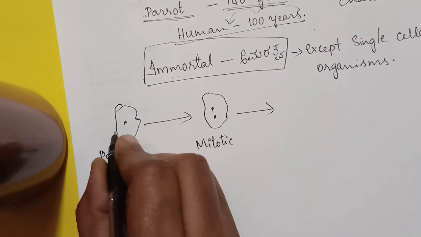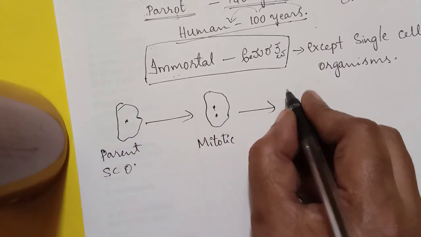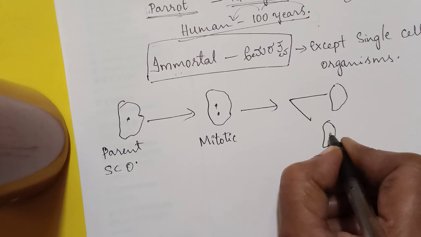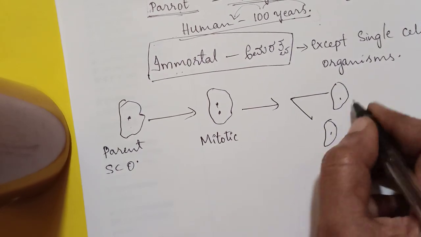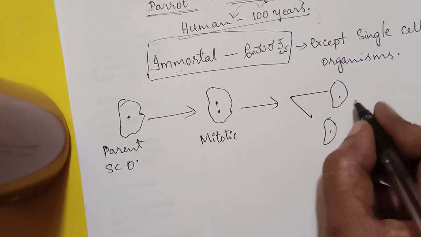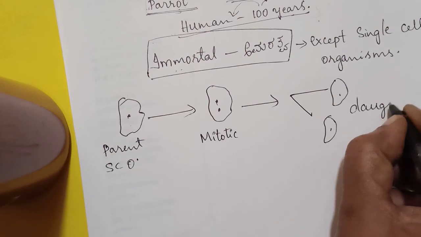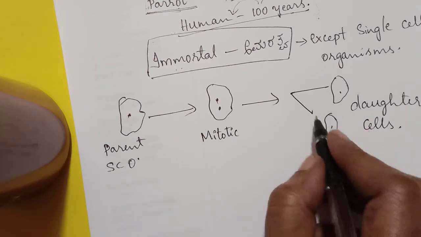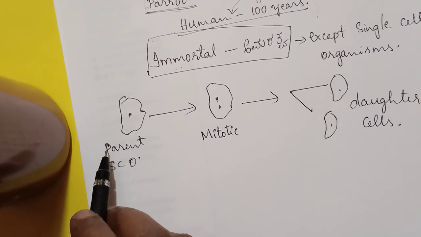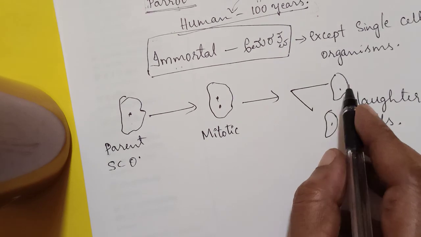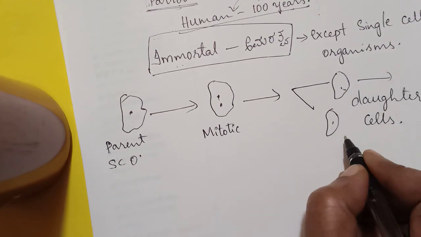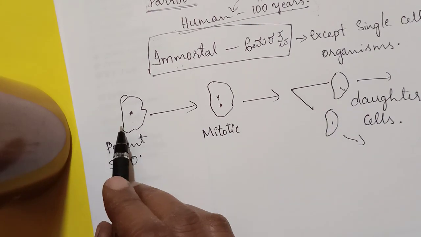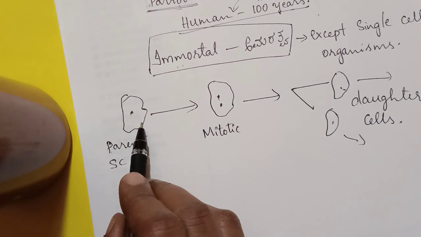The whole single-celled body will divide into two halves, into two parts, and each part is referred to as a daughter cell, and each divided part of the parental single-celled organism will grow into a new organism. In that way, the single-celled organism or the divided part of the parental body will never die.